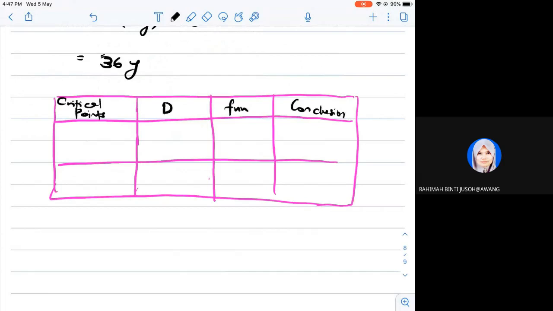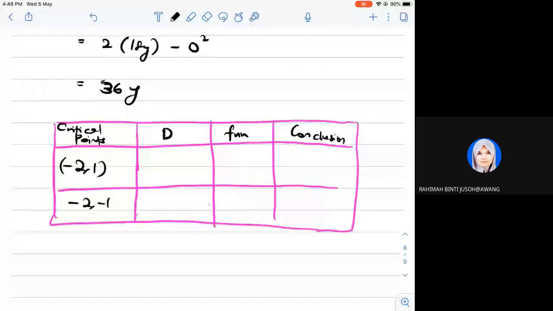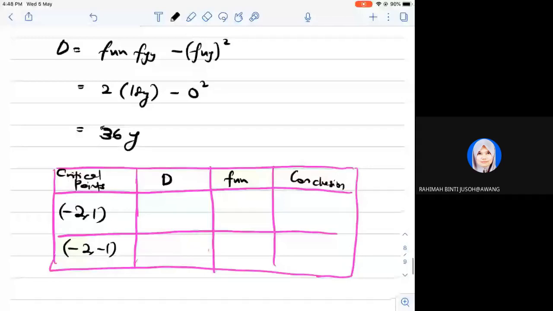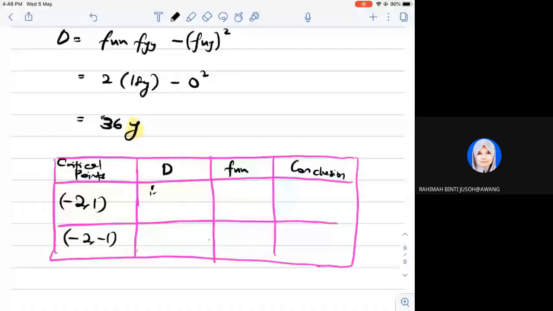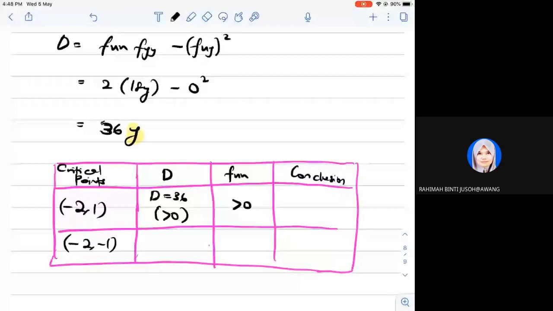Alright, so again, senang juga D dia ni, cari gantikan y je. So substitute y equals to 1, we have 36. D equals to 36. So greater than 0, kita kena tengok fxx. Fxx equals to 2, also greater than 0. So conclusion is relative minimum. Okay, very good.